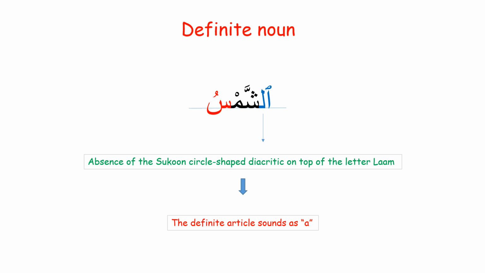Listen up, please. الشمس. One more time. الشمس. As you can hear, the letter lam is unpronounced, which makes the definite article sound as a instead of al. Kindly note that when the letter lam is unpronounced, no diacritic will be written atop of it, i.e., the circle-shaped diacritic representing sukoon is omitted.